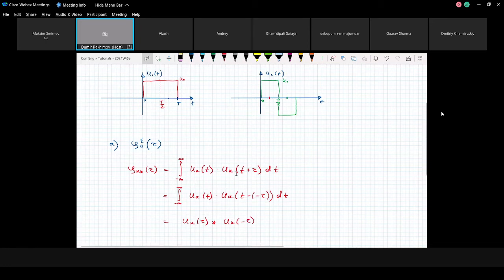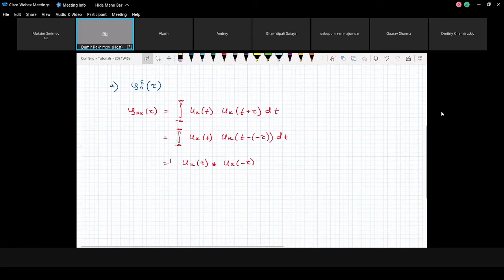So now let's try to understand what we should do. I will plot our original signal u1 of t. It's just a rectangular function.